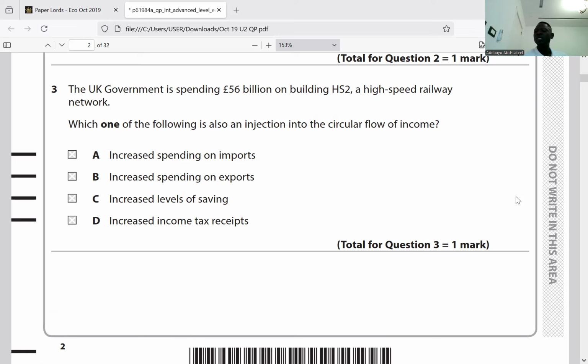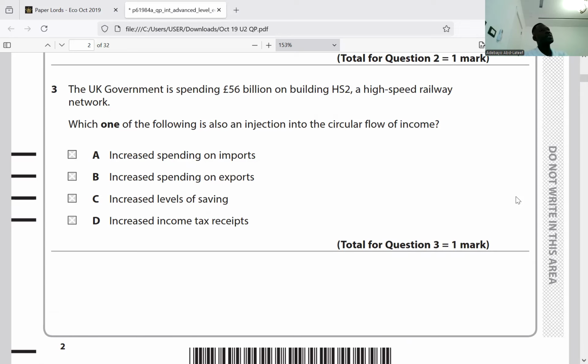Leakages. Okay. What about decreased spending on imports? Injection. Great. Increased spending on exports is the right answer, which means there's injections. What about if exports reduce? That's withdrawal. Good.